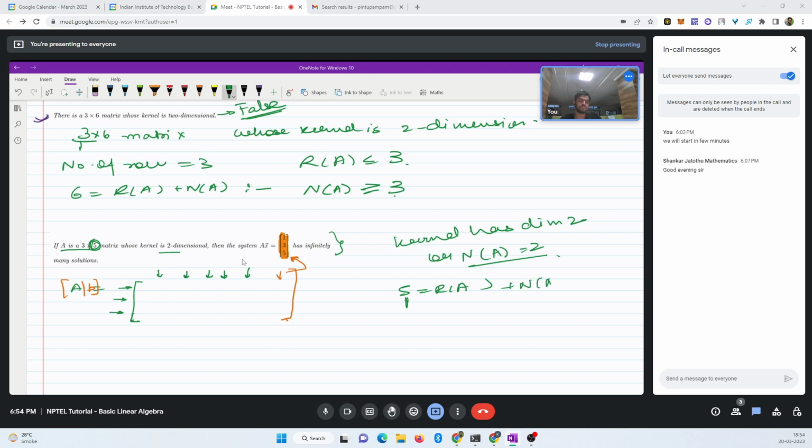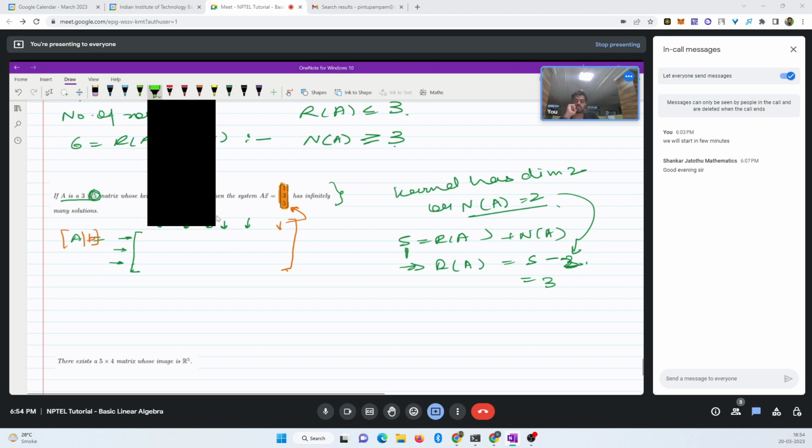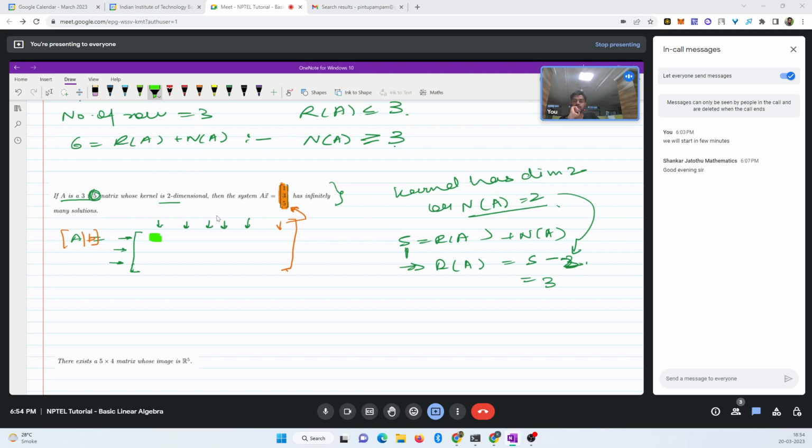So this gives you rank of A is equal to 5 minus 2, I'm sorry, which is 3. Okay, so rank of A is 3. What does that mean? That you have a pivot element in all 3 rows, maybe here, or somewhere here, but you'll have a pivot element in all 3 rows.